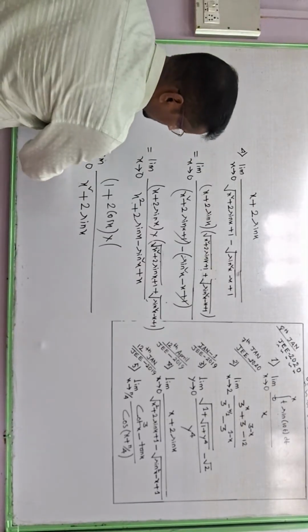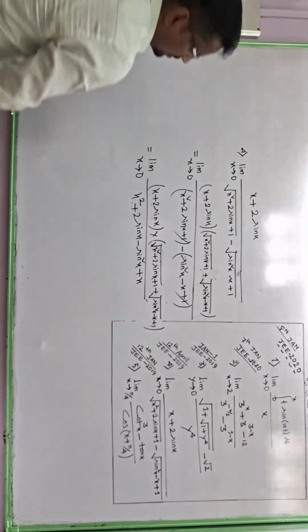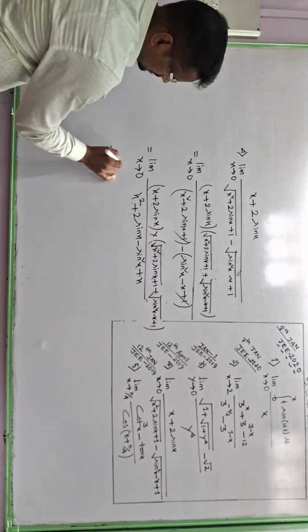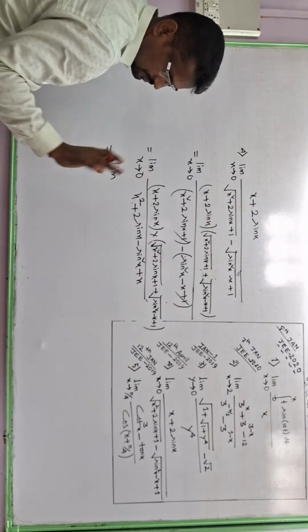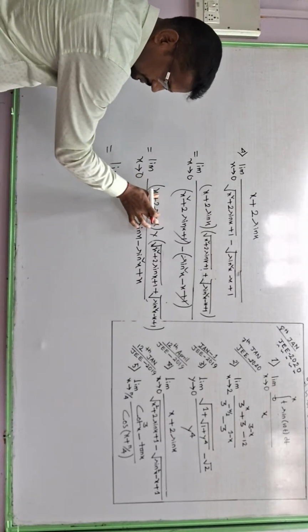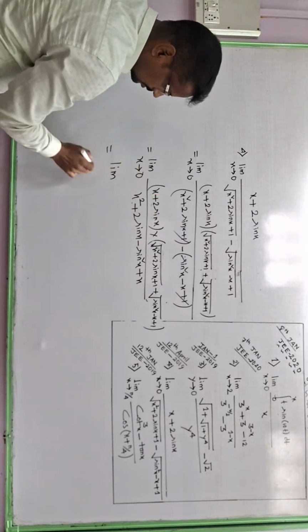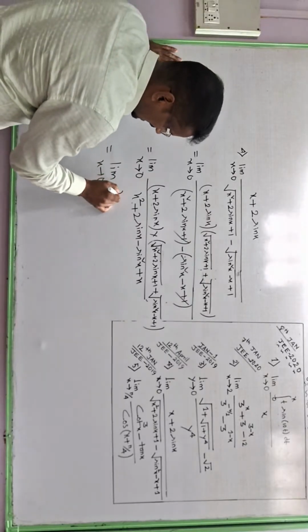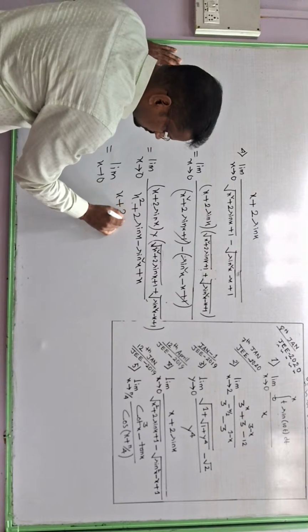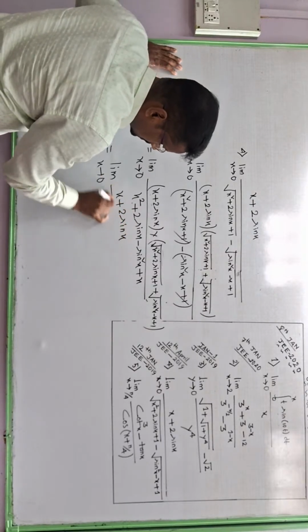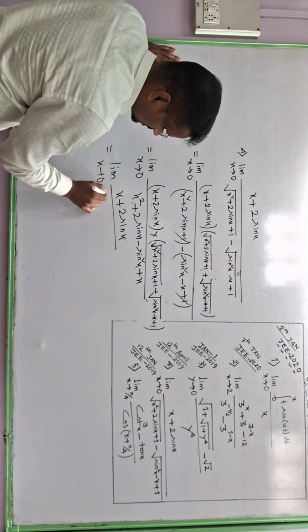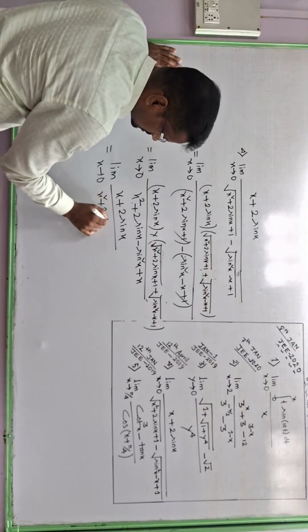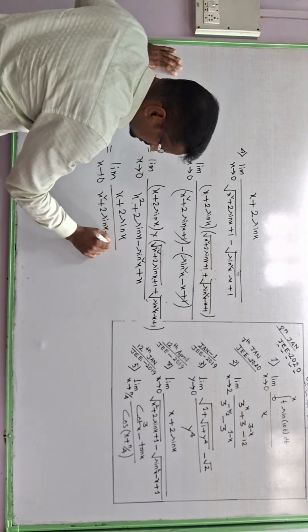Before using the rule, do one thing, the 0 by 0 form is coming because of which two? Because of this and this. So limit x tends to 0, x plus 2 sin x divided by x square plus 2 sin x minus sin square x.